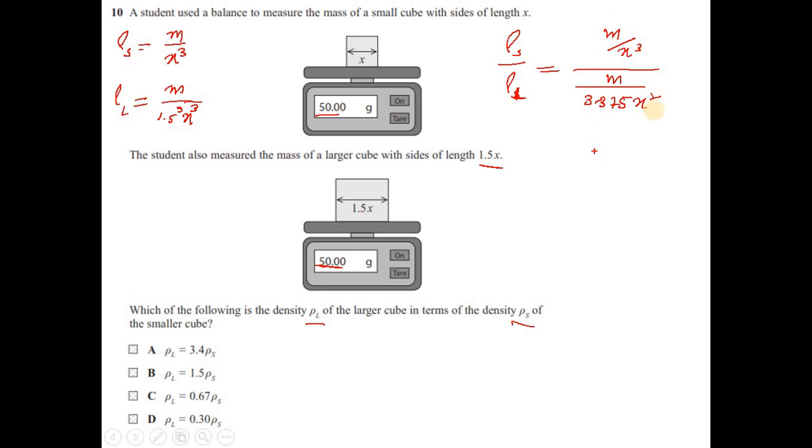So you can simplify this fraction, and finally you will get the answer rho L is equal to 0.296 of rho S. That means you round this 0.296 as 0.3 because it is option D. So rho L is 0.3 times rho S, so option is D.